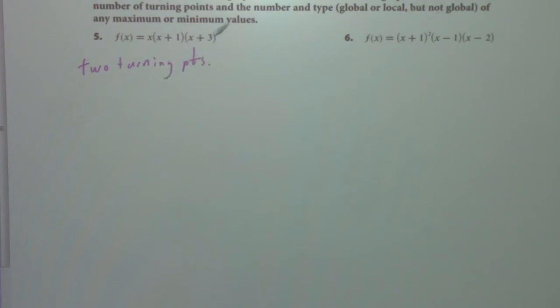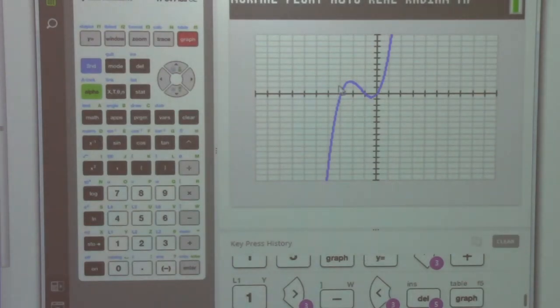Okay, then it says the number and type of any maximum or minimum values. So what is the number of maximums we have here? You got 1 global and 2 local, I think. So local maximum would be 0? Or would it be 1? So here's our local maximum, right?